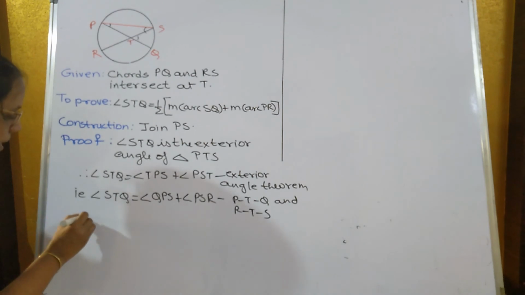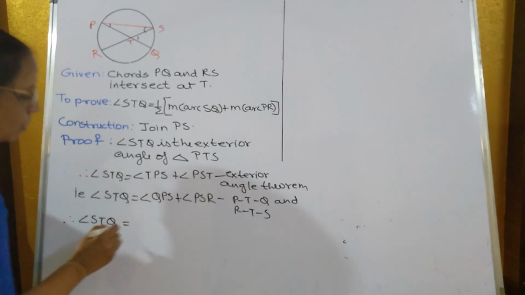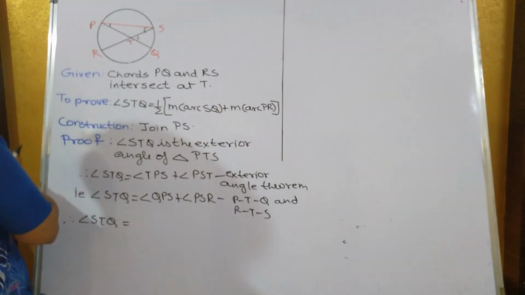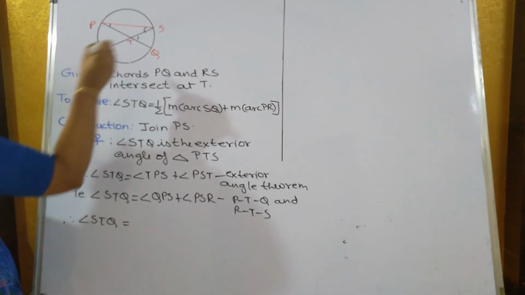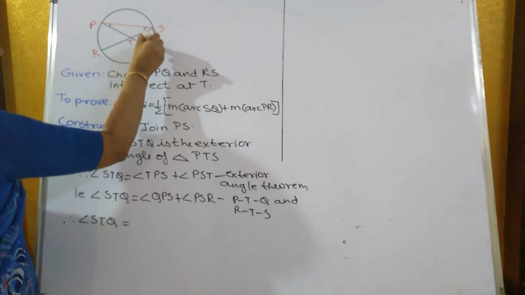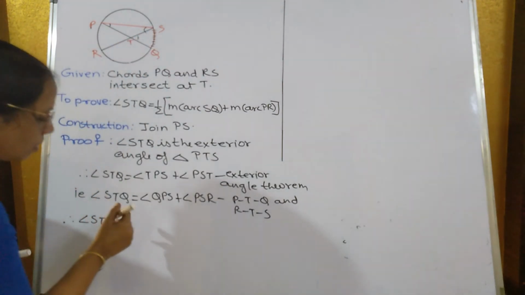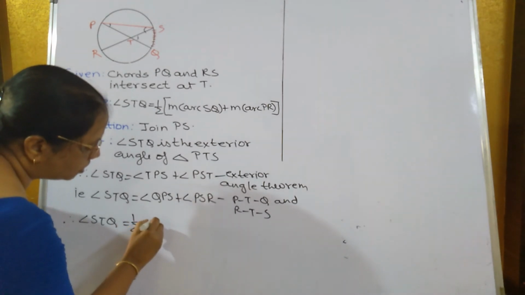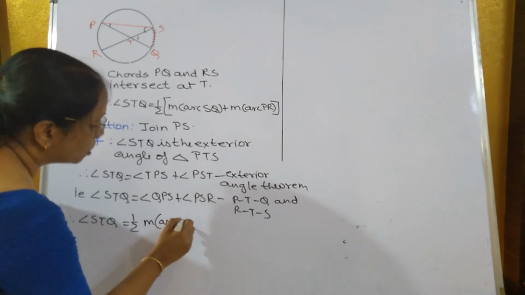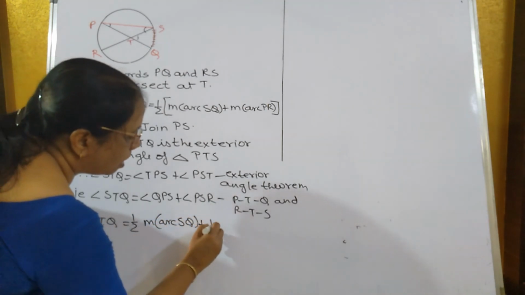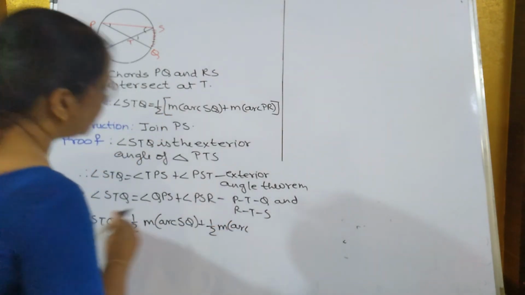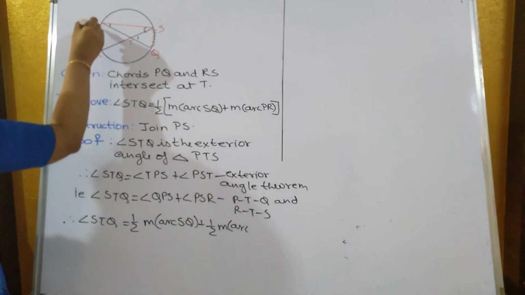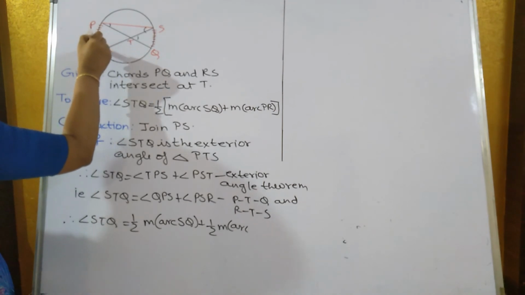Therefore, angle STQ is equal to, now look over here, QPS is intercepted in which arc? So this angle is intercepted in this arc. So half of measure arc SQ plus half of measure arc PR, because PSR is intercepted in this arc.